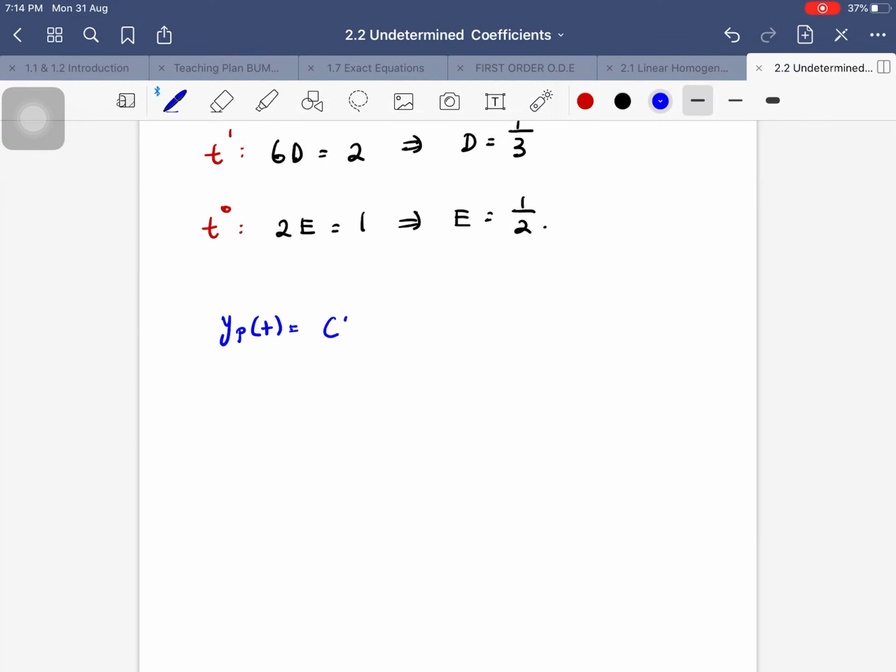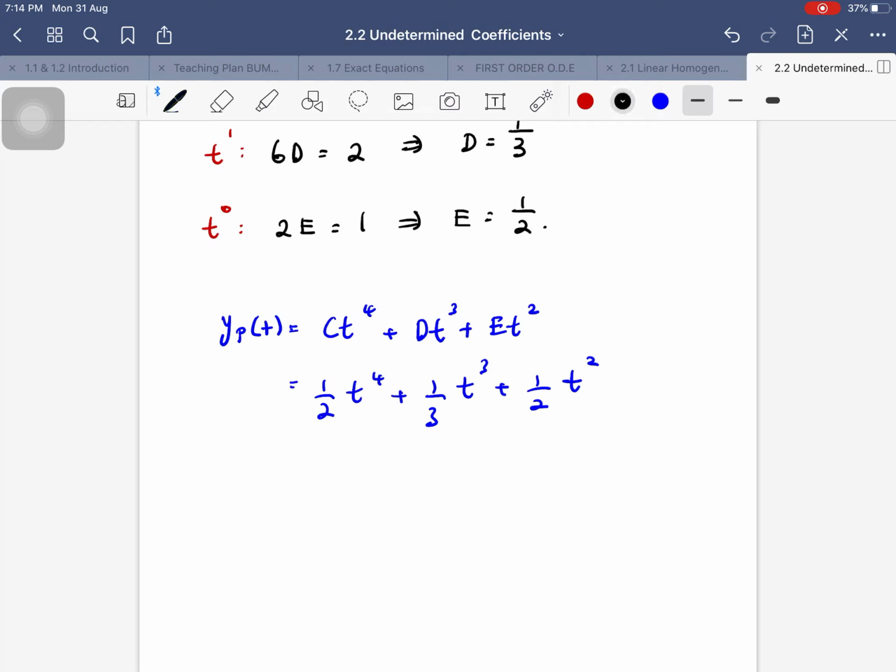So that is going to be ct to the 4 plus dt cubed and et squared. Okay, so when I substitute the values of c, d, and e, I'll end up with a half t to the 4 plus 1/3 t to the power of 3 and a half t to the power of 2. So we substitute into the yp that is linearly independent.